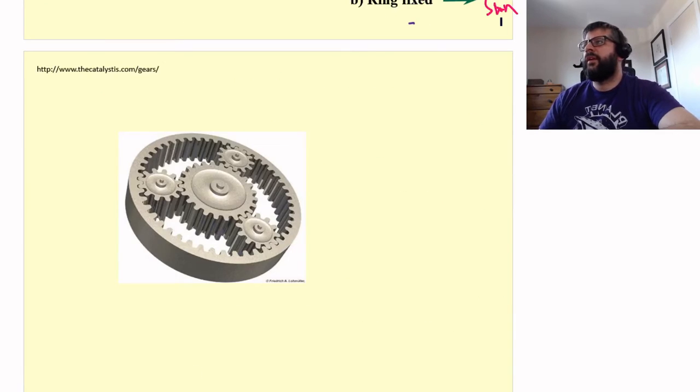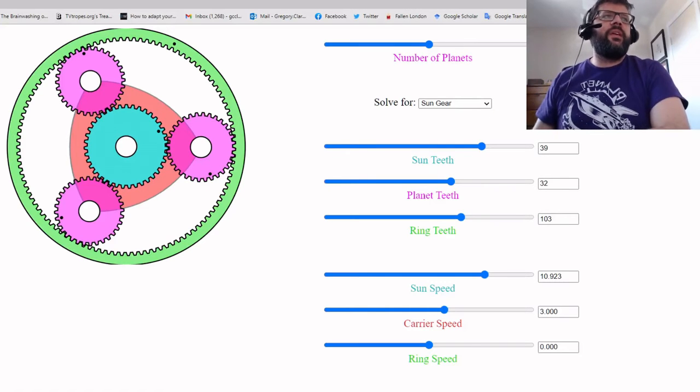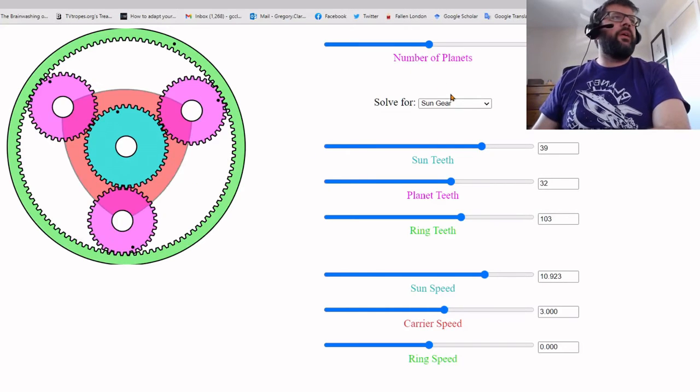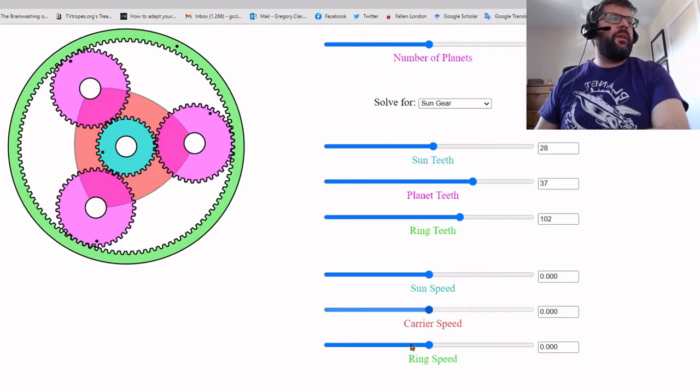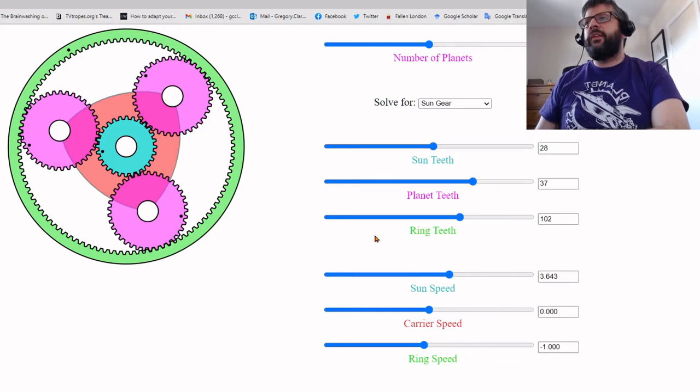So we've got the site here. Let me just navigate to it real quick. Okay, so this site allows us to select different numbers of teeth, and it allows you to specify the input speeds. You can have 2 different input speeds, and then you'll have a separate output speed.